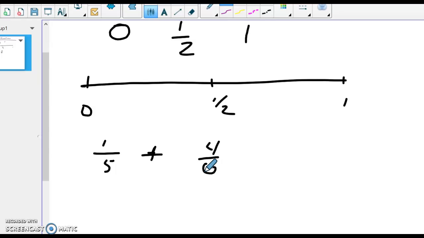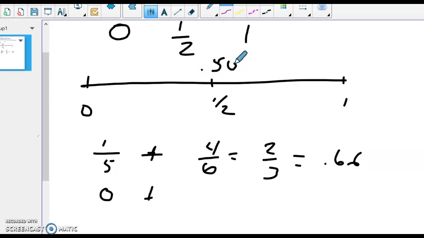We know 1 out of 5 parts is closer to 0. So this would be like saying 0 plus what? Well, 4/6. We could look at it two ways. We know that reduces down to 2/3, and 2/3 is 2 parts out of 3, and we know 2 divided by 3 is 0.66. We know 1/2 is 0.50, so 0.66.